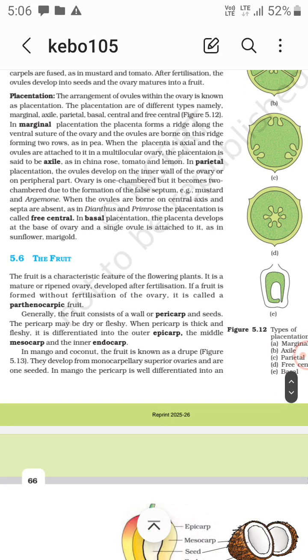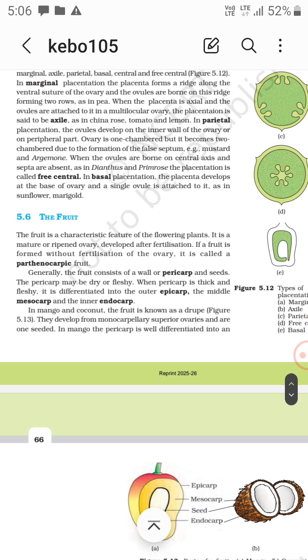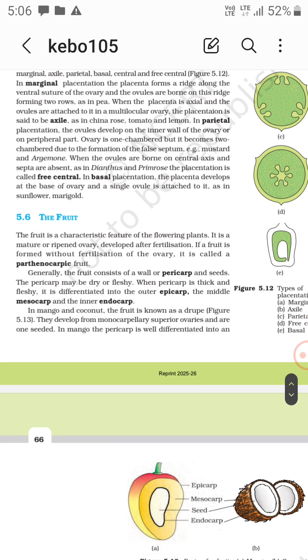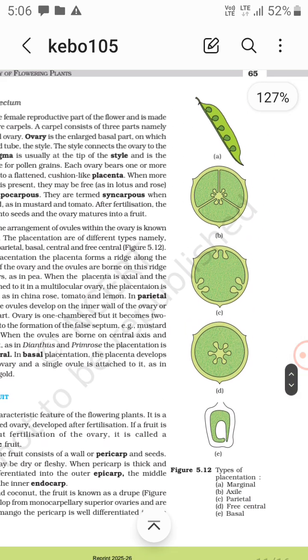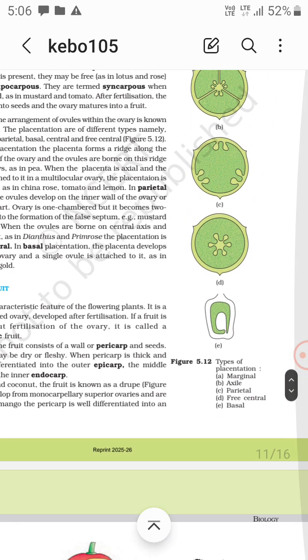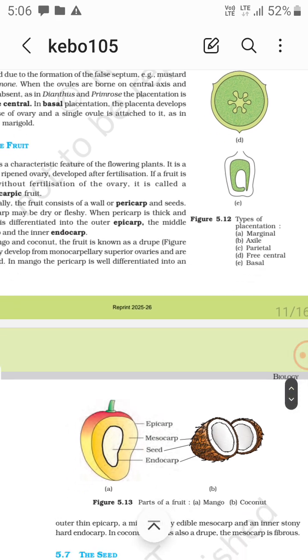In basal placentation, the placenta develops at the base of the ovary and a single ovule is attached to it, as in sunflower and marigold, right? So as you can see, marginal, then axial, then parietal, then free central, and then the basal placentation, right? So this is it.